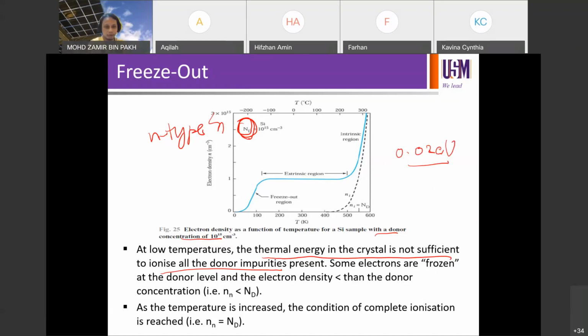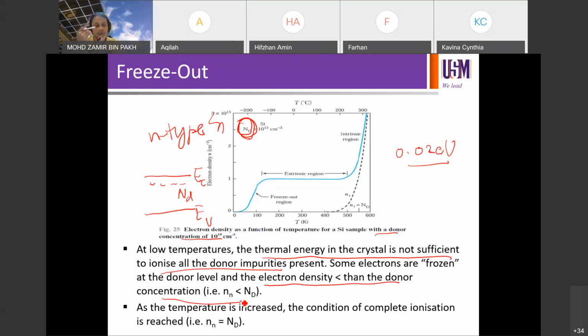If you want to translate this in the form of a band diagram, where's the donor level? Near to EC or near to EV? EC, right? So the donor level will be here, ED if you like. But they are just there. They're not ionized. So as a result, the resulting electron density will be less than the donor concentration.